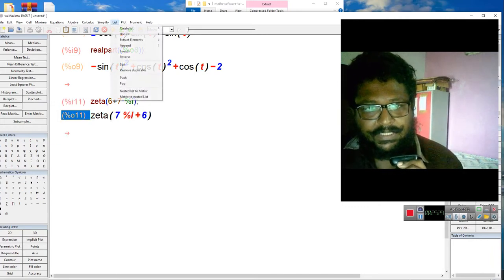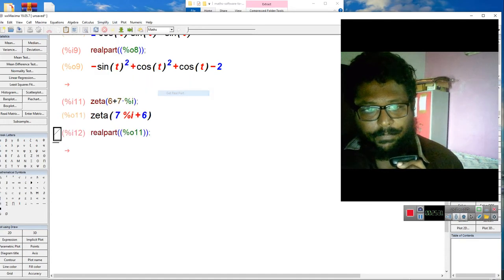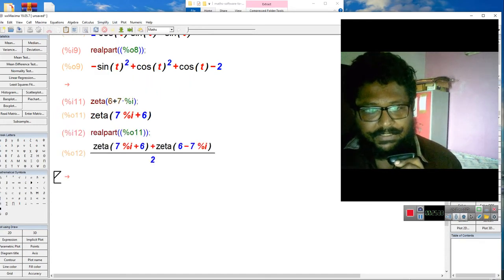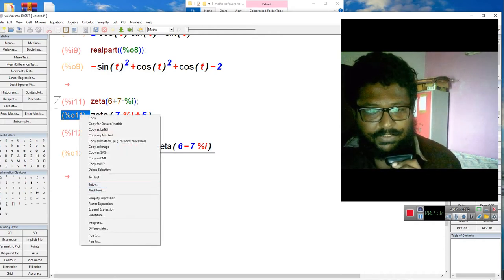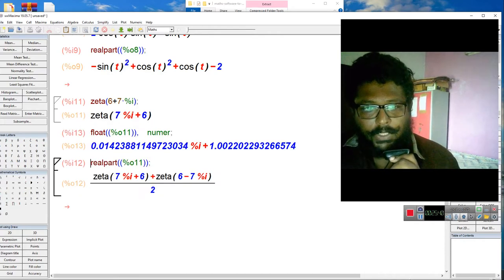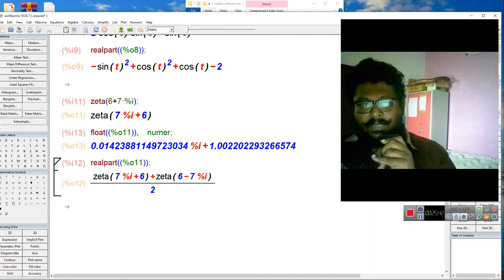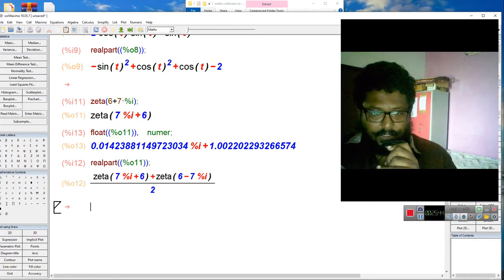When you take it as a real part or an imaginary part, it behaves in that manner. Or you convert it into a float and you get this function. What is this zeta function? What does this have to do with this?